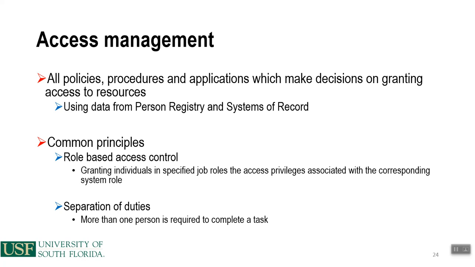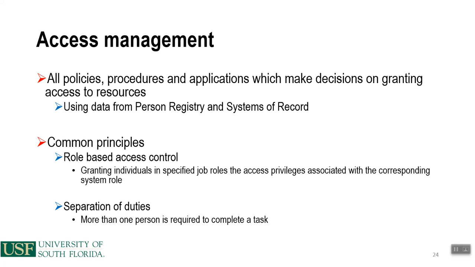So for example, you want to use the data from the person registry and the systems of record. The key thing is to understand the common principles associated with access management. For example, role-based access control: granting individuals in specified job roles access to privileges associated with the corresponding system role.